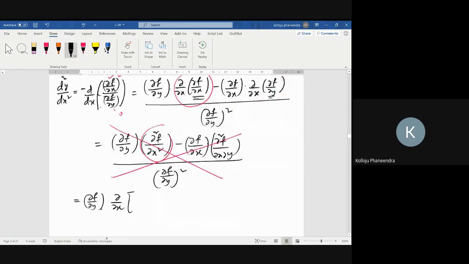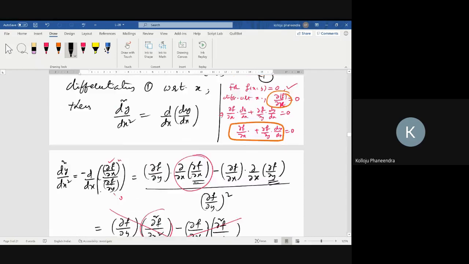Dou f by dou x plus dou f by dou y into dy by dx into dy by dx minus dou f by dou x. And what is this? Again, dou by dou x is not there, but dou f by dou y is there. So dou f by dou y, with respect to x only we are getting this.